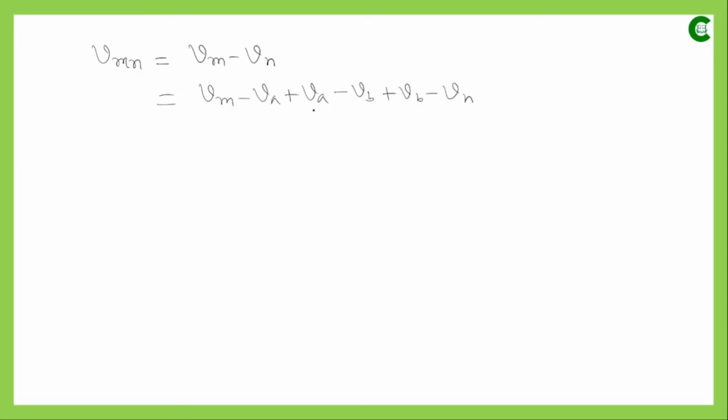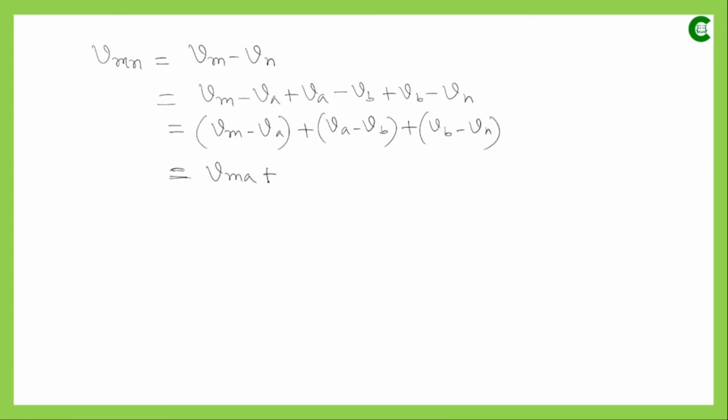Minus VA and plus VA will cancel each other, minus VB and plus VB will cancel each other. So it's basically VM minus VN only. Now if we separate them, VM minus VA, then plus VA minus VB, then plus VB minus VN.